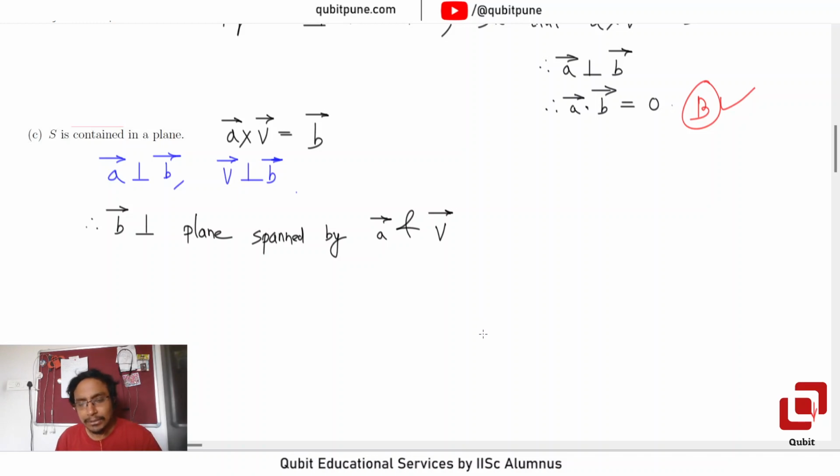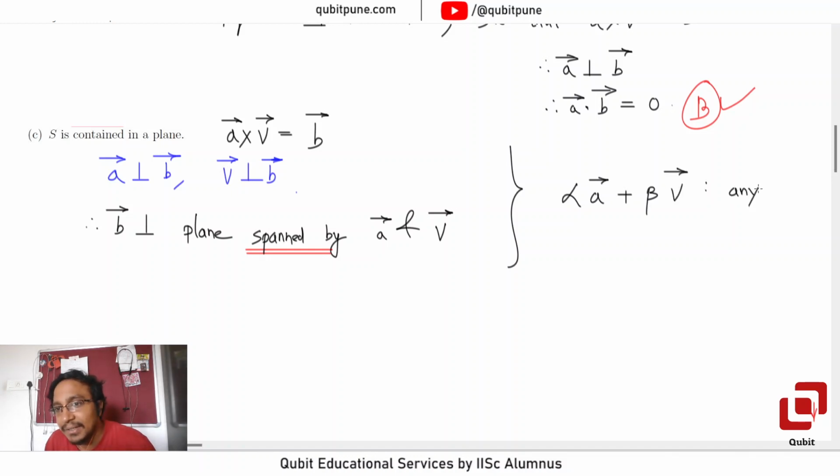Now see what is meant by plane spanned by. By spanned by we mean if I take any linear combination of this, I will get any vector in the plane of a bar and b bar.